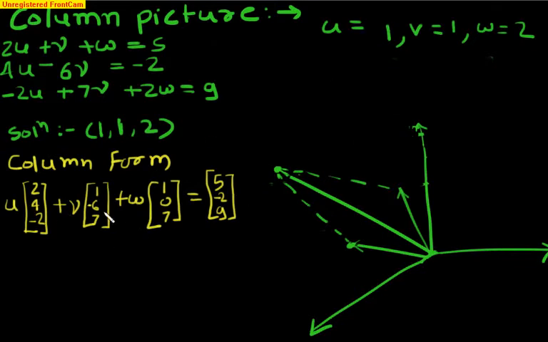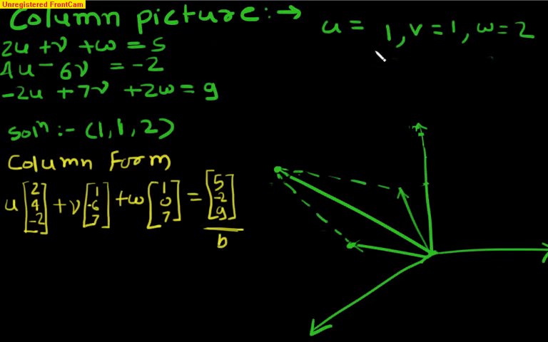But before that, this form tells us that the final b is nothing but a combination of these three column vectors.